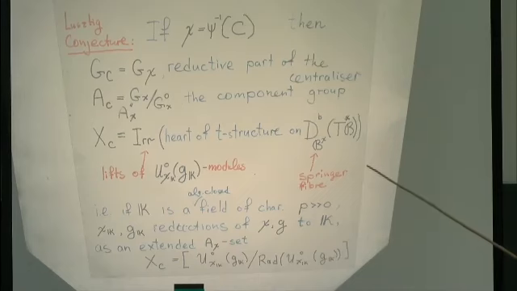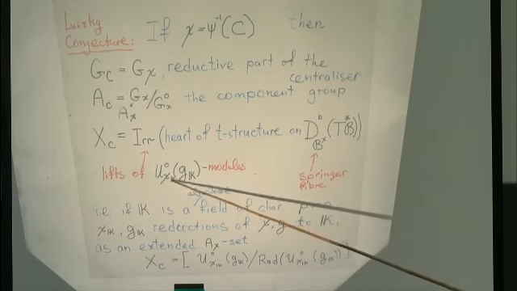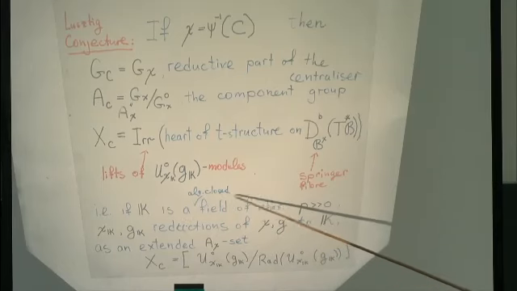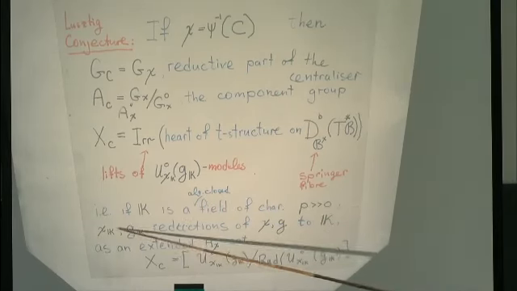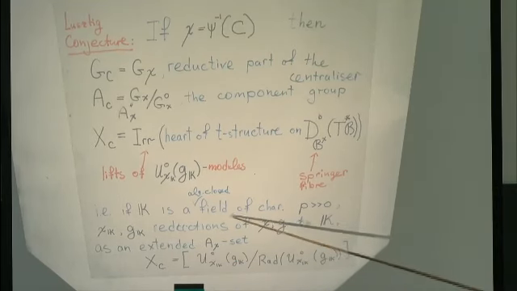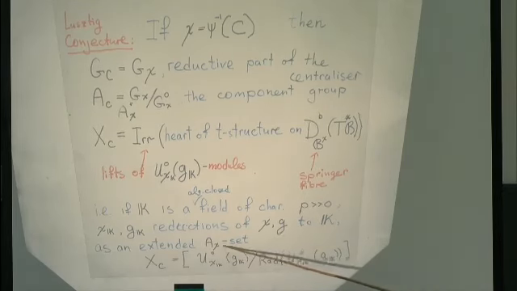So in a sense, if you reduce everything to characteristic p, to an algebraically closed field of large characteristic p, then G_K and so on, all these will be reductions to characteristic p.